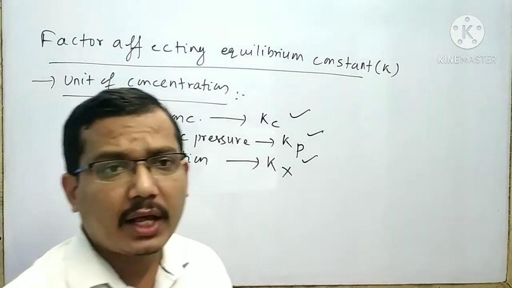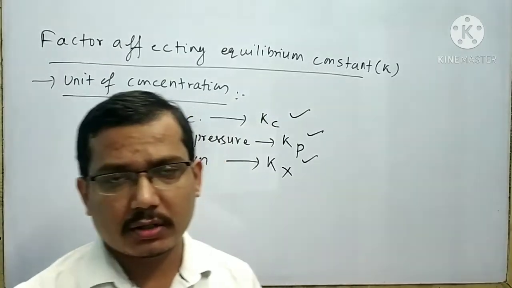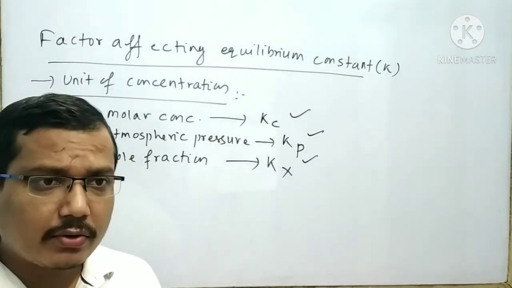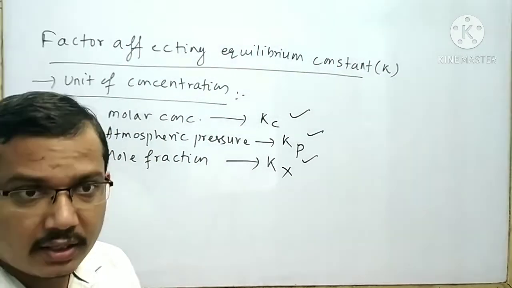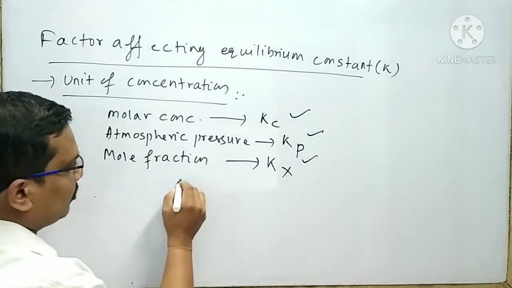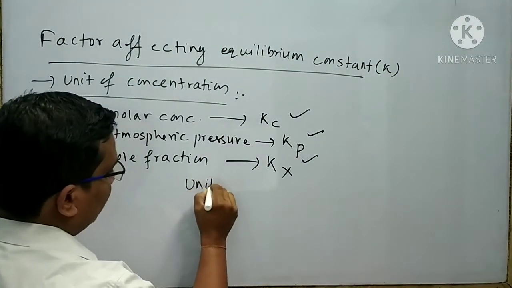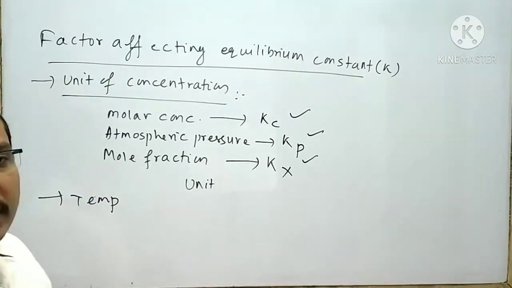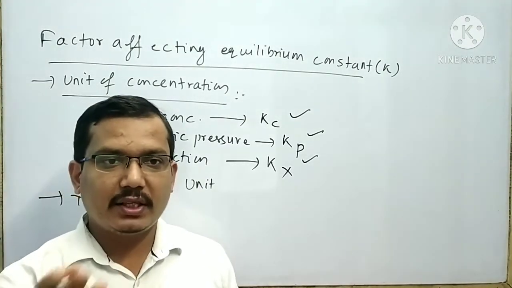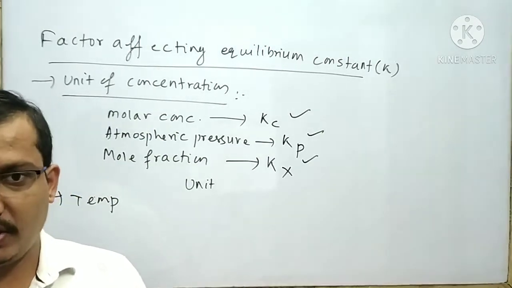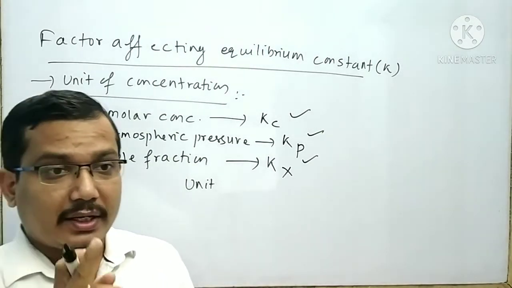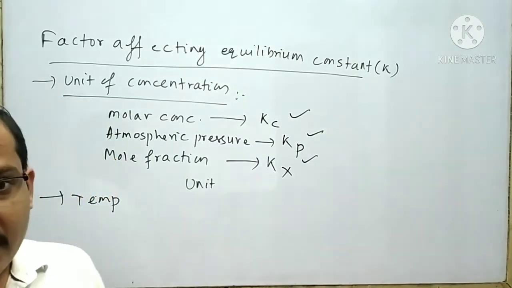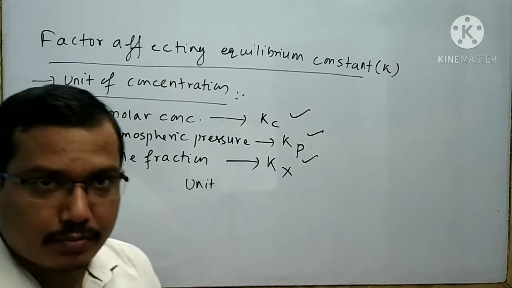When the total number of moles of product is equal to the total number of moles of reactant, then K has no unit. Next factor is your temperature. The K value changes with the change of temperature. But remember, it cannot specify the direction in which the reaction proceeds.